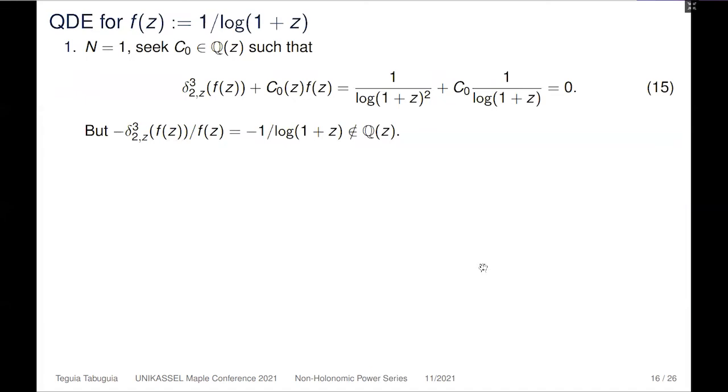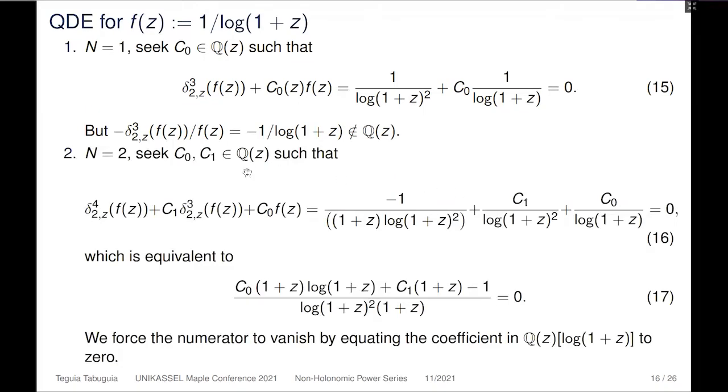Let's see, for example, the reciprocal of log of 1 plus z. For n equal to 1, we seek c0 such that this ansatz here is satisfied by the reciprocal of log of 1 plus z. However, the third derivative over f of z is not rational, so we move to the next step. In the second step, we seek c0 and c1 such that this ansatz is 0. This is equivalent to this expression here, and having this equal to 0 is the same as having the numerator equal to 0.